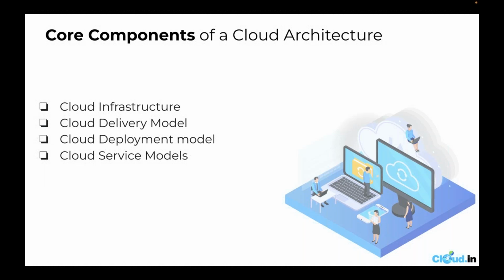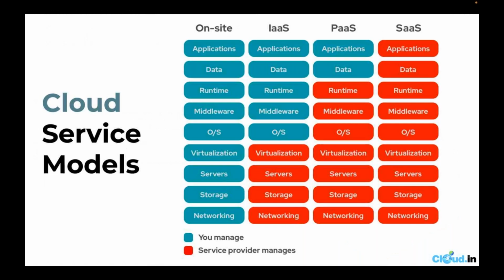Moving on, we have the cloud service models. So here there are mainly three cloud service models that cloud computing provides us. Firstly is infrastructure as a service. Second comes platform as a service, and third comes software as a service.